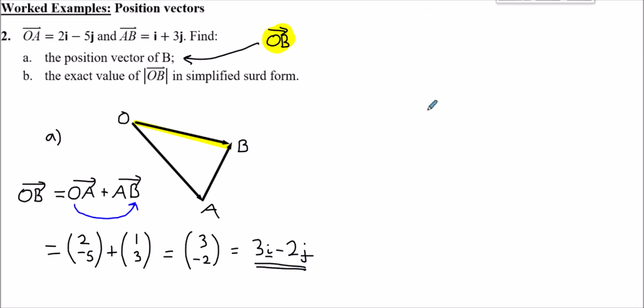For part B, we want the exact value of OB in simplified surd form. And so the magnitude of OB is simply going to be the square root of its I component, which is 3 squared, plus the square of its j component.